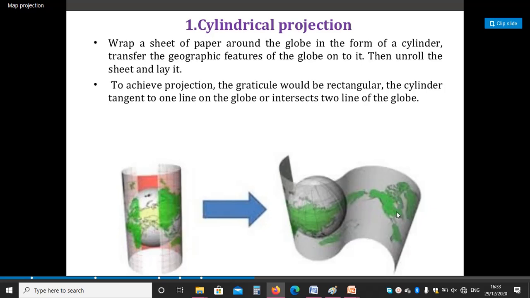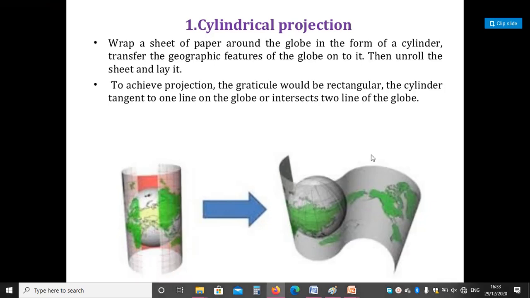The area appears like this. This is called cylindrical projection. To achieve the projection, the graticule would be rectangular, with the cylinder tangent to one line on the globe or intersecting two lines of the globe.